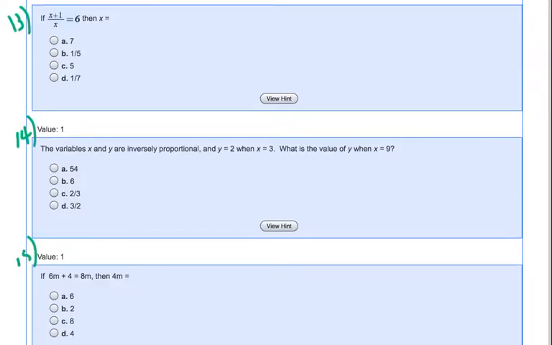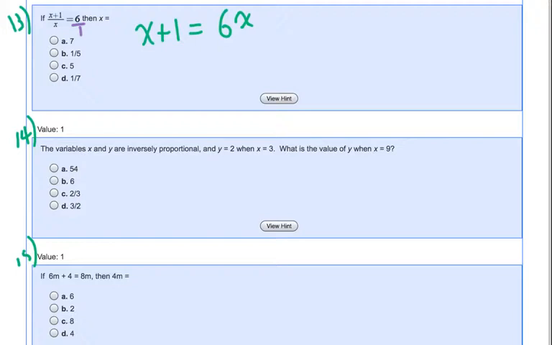Now let's go to question 13. X plus 1 over x equals 6, then x equals what? First of all, you can just plug in and check which one will be your answer. But another way to do it is to cross multiply. So I have x plus 1 times 1, that's x plus 1, equals 6x.